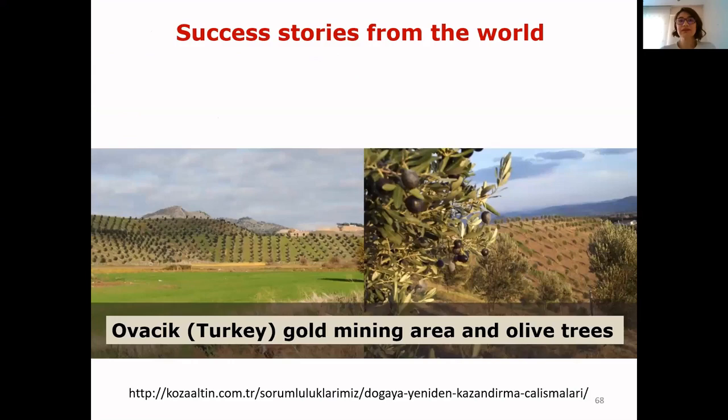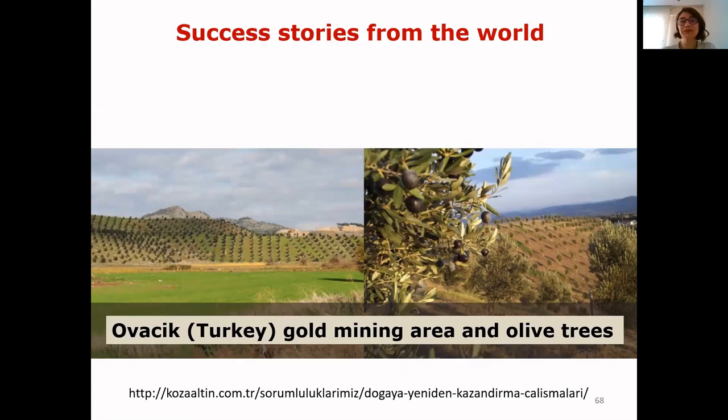Here I will give some examples from success stories around the world. This one is from Turkey, from a gold mining area. These are not natural hills. Actually, these are mine tailings, the disposal site here. But after they were disposed, they planted olive trees here, and they succeeded.